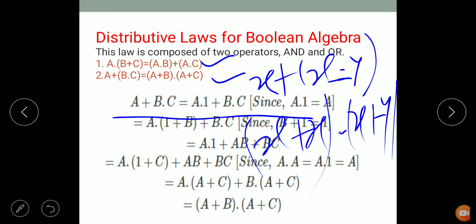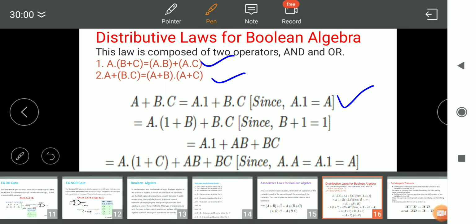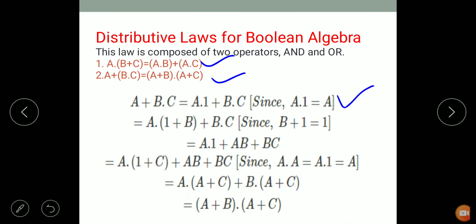If we see the example, a plus b dot c, then we write here a dot 1 plus b dot c, since a dot 1 is also a. Here a dot 1 plus b plus b dot c, so we get a plus ab plus bc. Now a dot 1 plus c, plus ab plus bc, is equal to a dot a plus c.